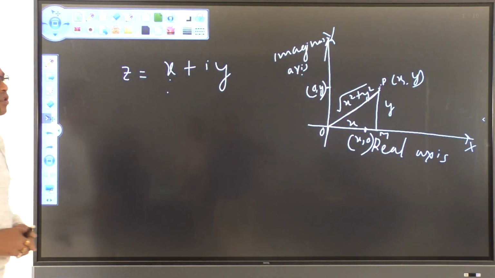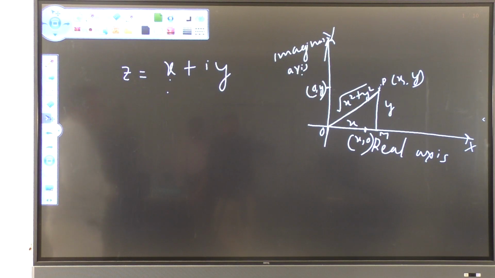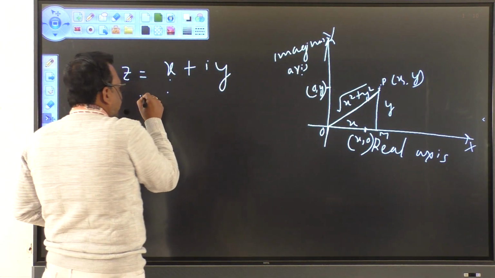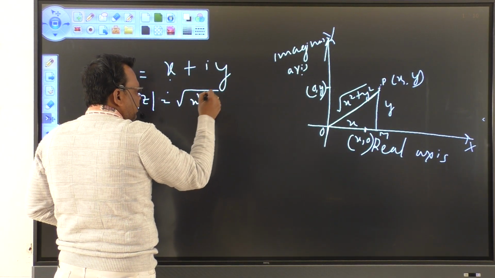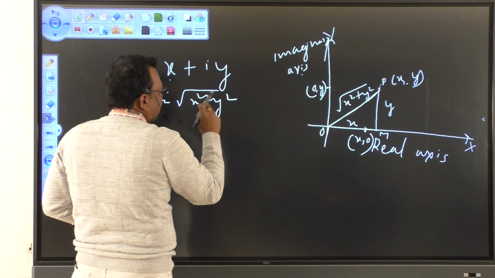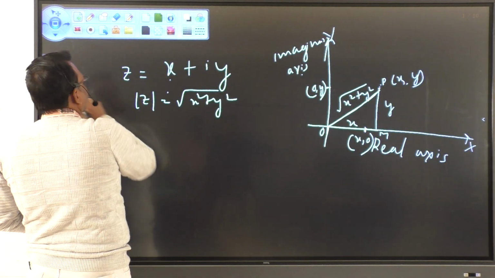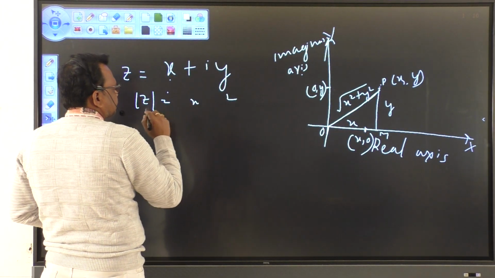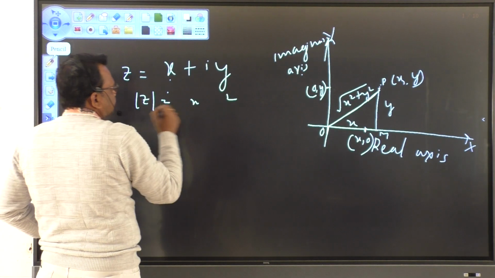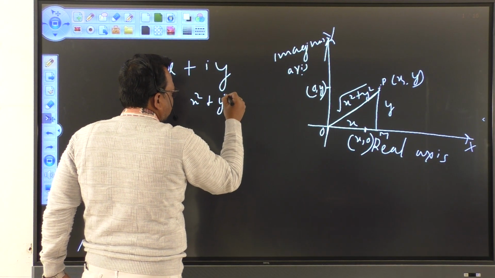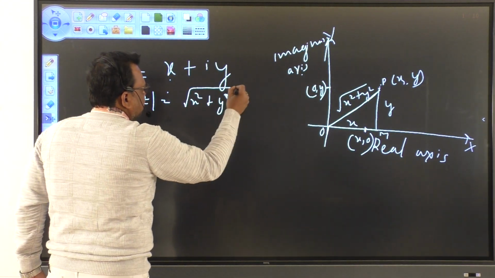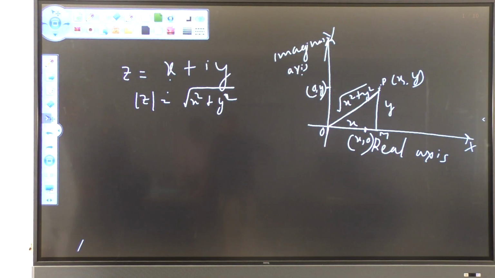This is also called the modulus of a complex number, denoted as mod z is equal to root over x square plus y square. This is the modulus of a complex number.